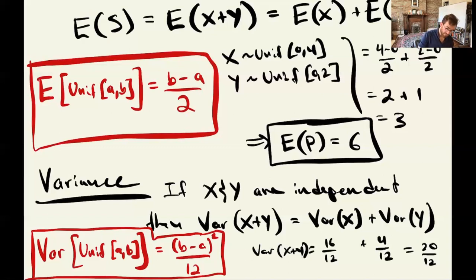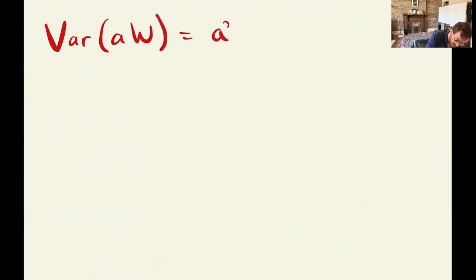And now we can use the fact that the variance of A times W is equal to A squared times the variance of W. I'm just using W to denote any random variable.